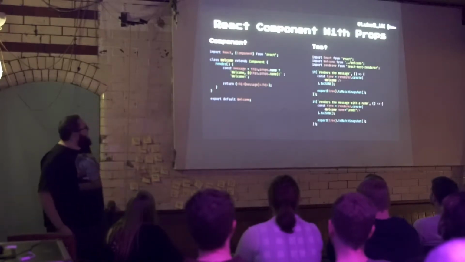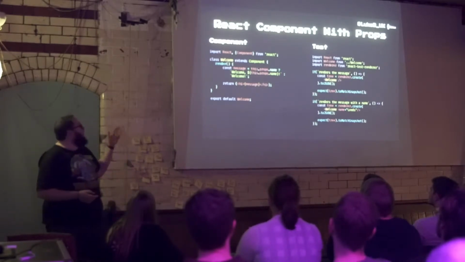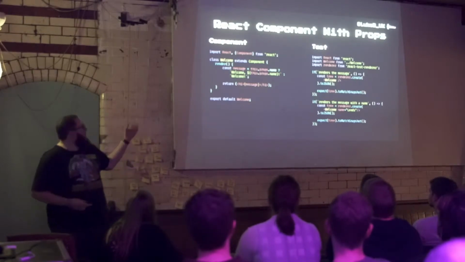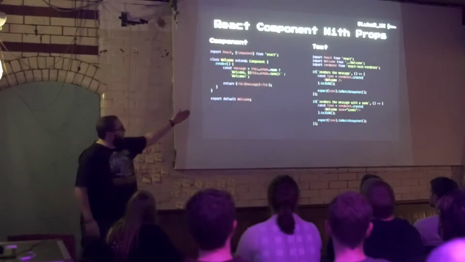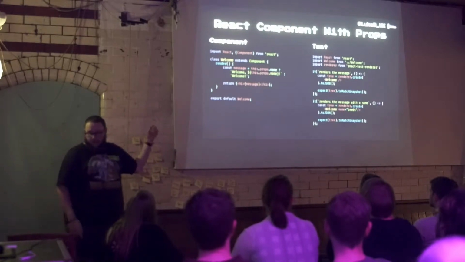With a bit more of a complex example, if you're passing through properties, it's the same component but slightly tweaked. It takes a name and adds it to the message if it exists. It has the same first test as before because we still want to make sure it works the same way.